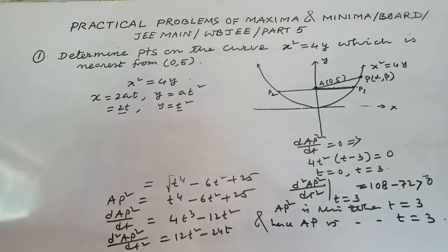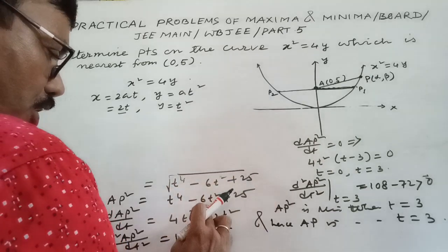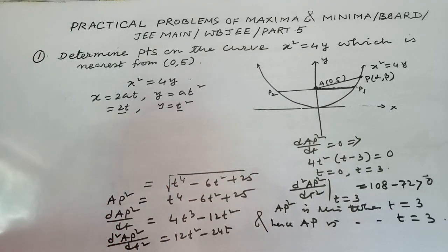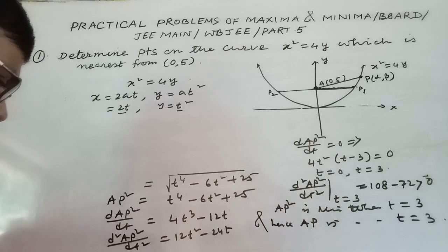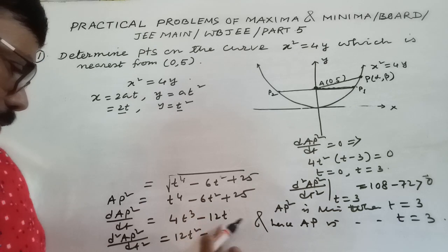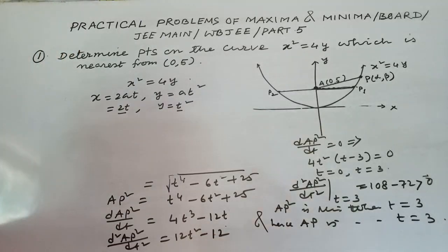So look, AP square is t to the power 4 minus 6t square plus 25. Now what is d AP square by dt? This is 4t cube minus 12t. Sorry, and the second derivative is 12t square minus 12.